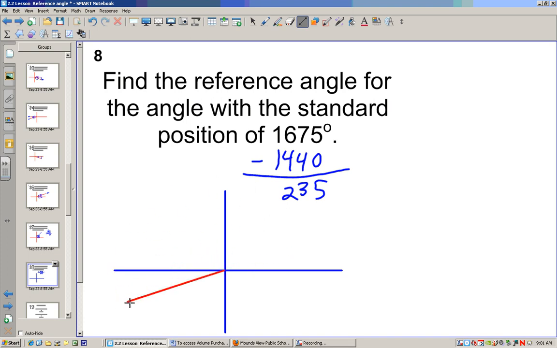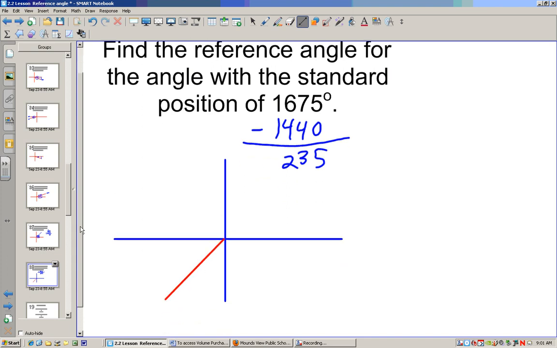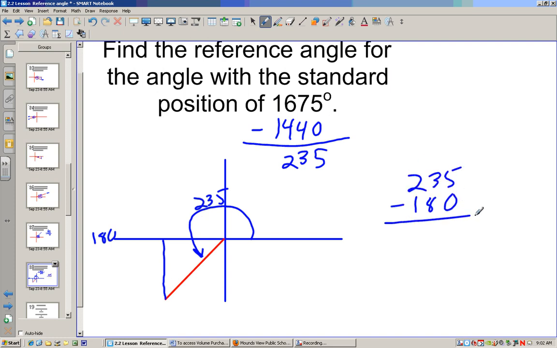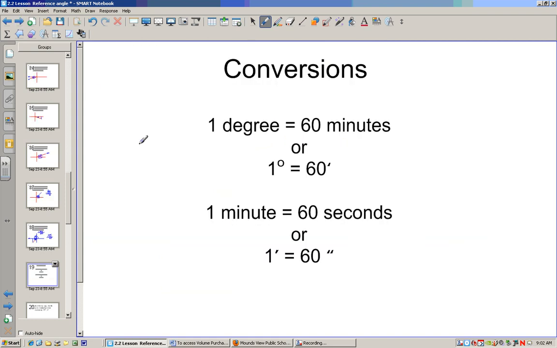So 180 is there, 270 is there. In between here, it's 235. So if this is 180, the angle in here is going to be 235 minus 180, which is 20 plus 35, which is 55. So my reference angle is 55 degrees.